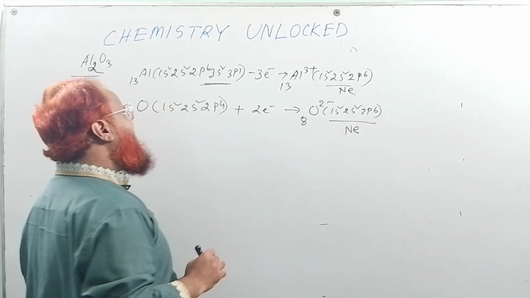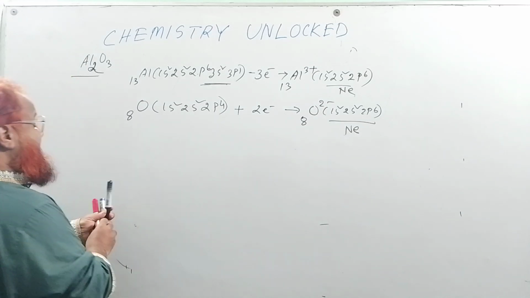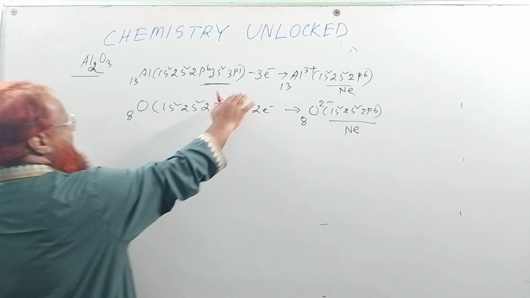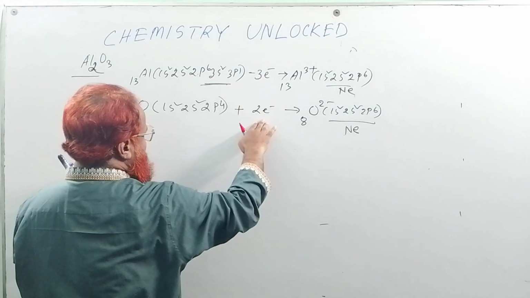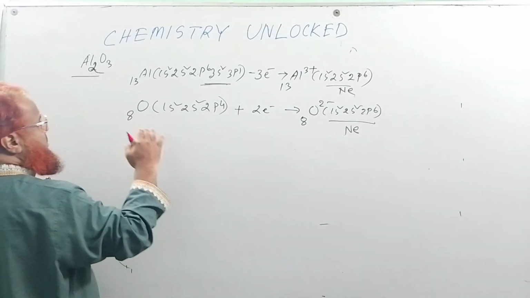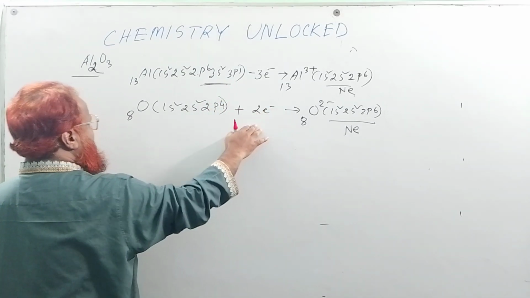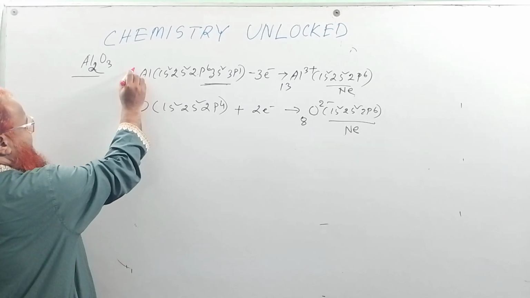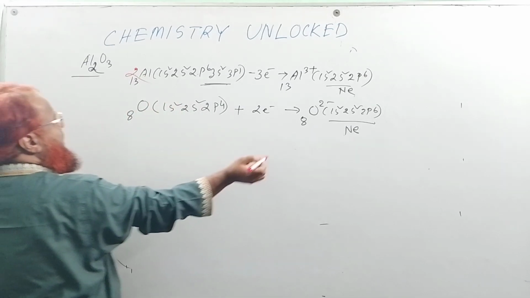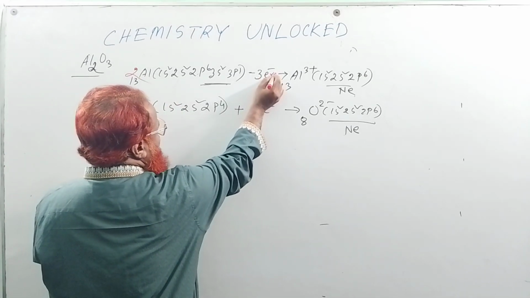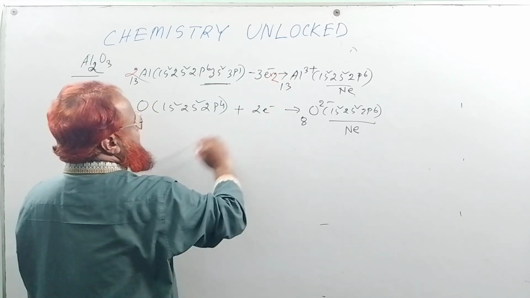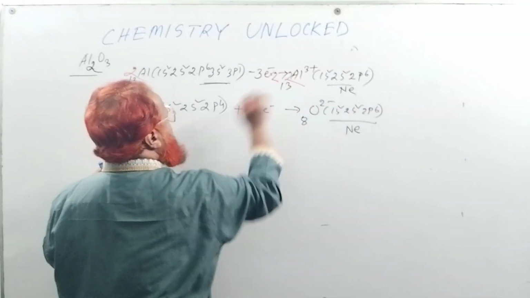Now we have to balance the electron number. Here electron donation is 3, receiving is 2. So to make the electron donation number and receiving number equal, we have to multiply here by 2. So if we multiply by 2, it will be 6, and here also 2.